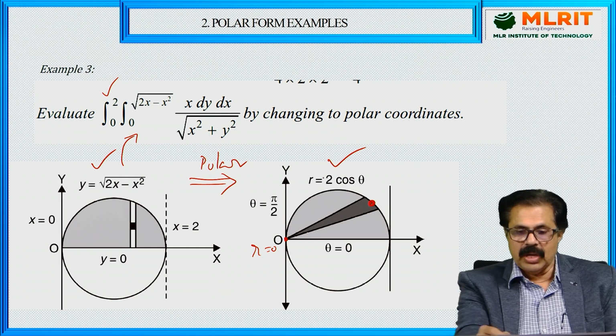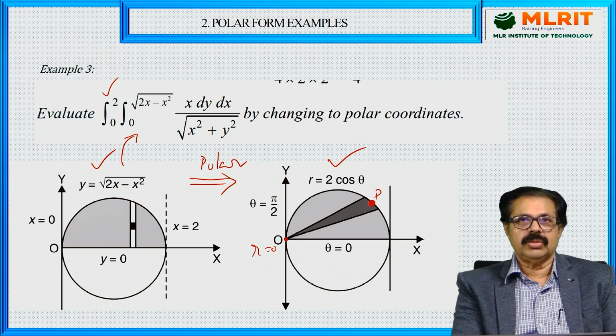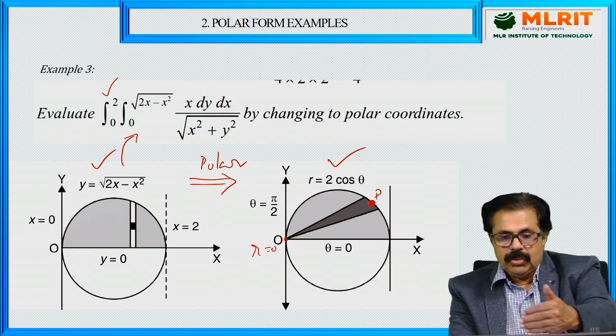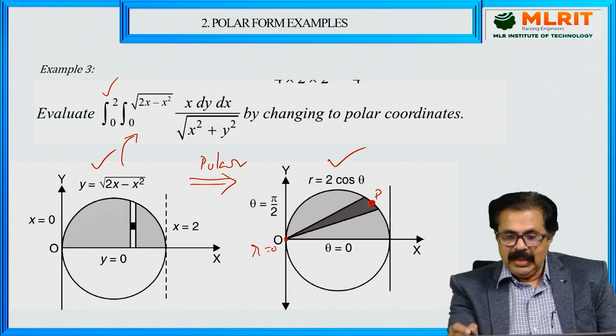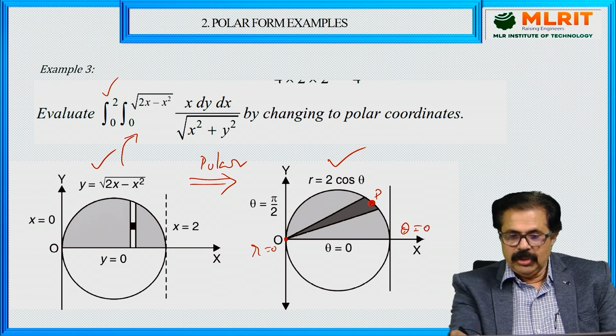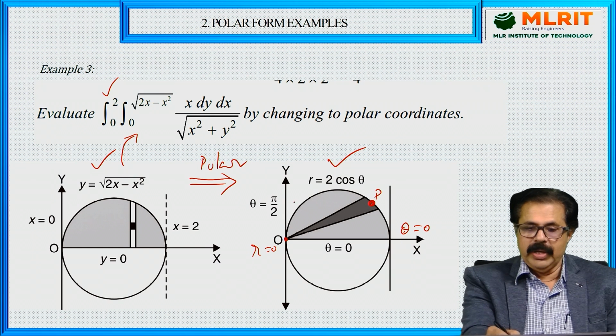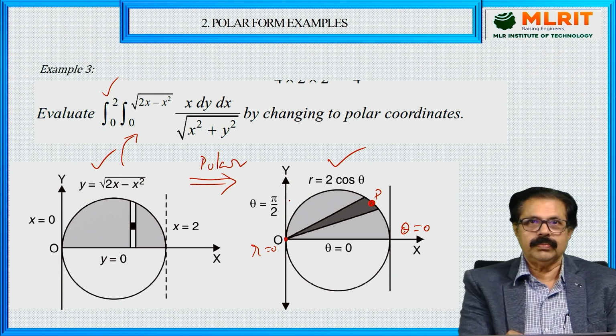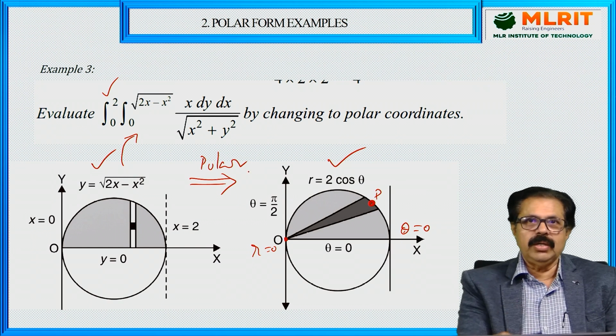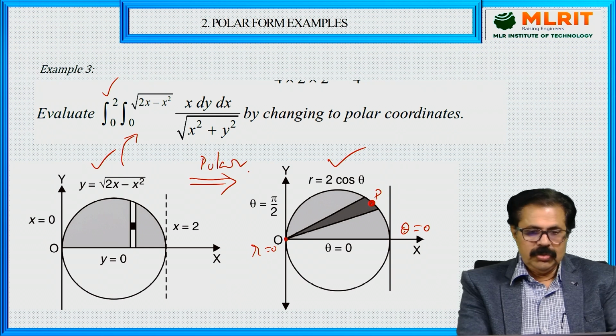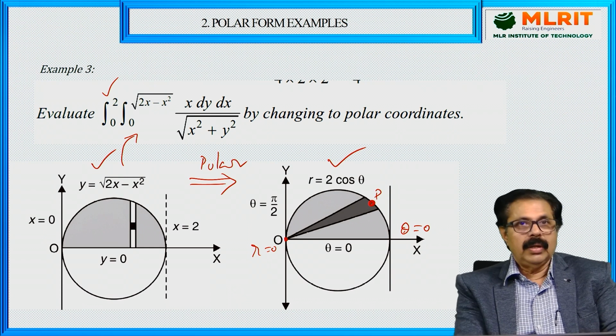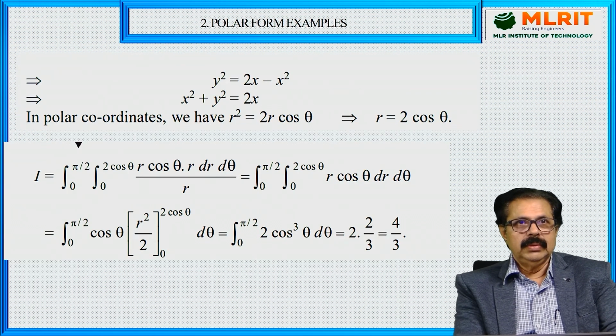The ending is r is equal to 2 cos theta. So the r limits are 0 to 2 cos theta. The theta starting point is 0 and ending point from here to here, anticlockwise is positive, so theta equal to 0 to pi by 2. Once you understand these limits, go to the next one.